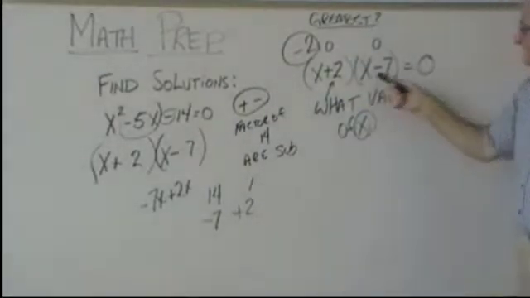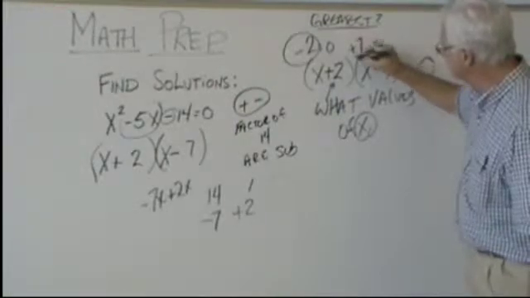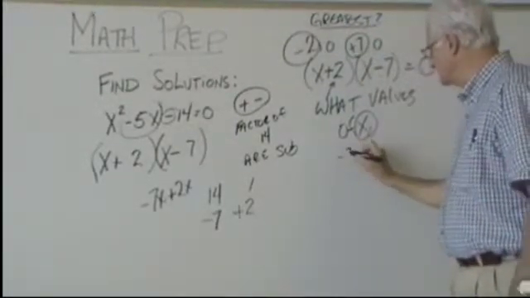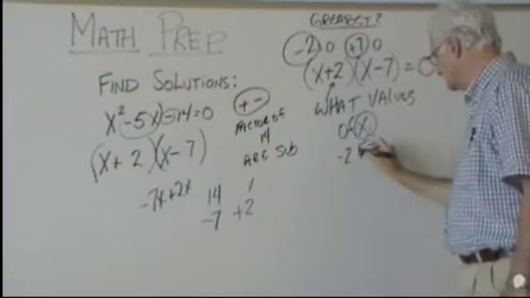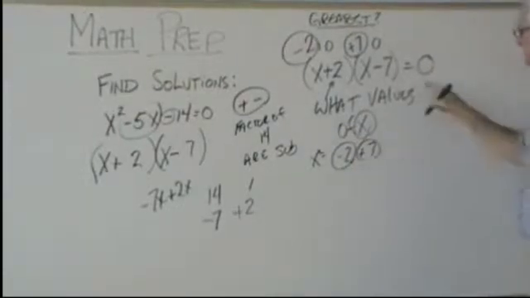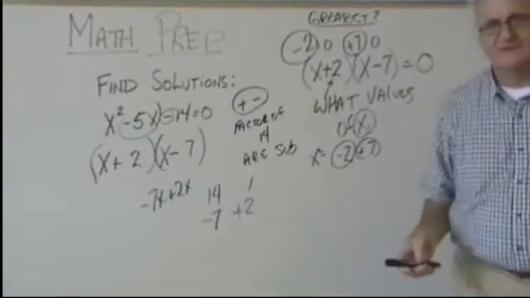Got it. Same thing here. Negative 7, x has to be what? The opposite sign, plus 7. The two values of x are minus 2 and plus 7. When x equals those numbers, that whole value turns into 0.